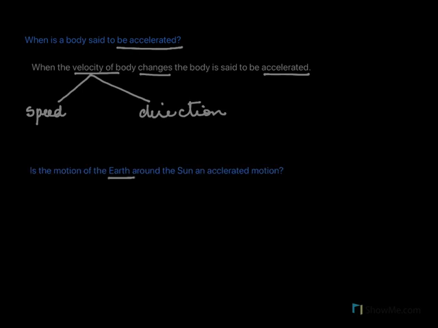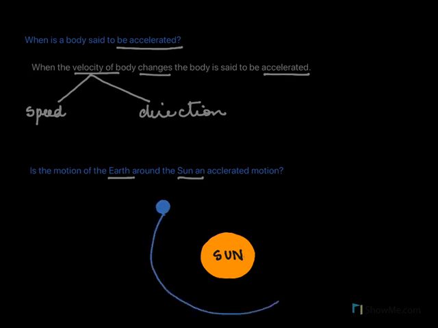Is the motion of the Earth around the Sun an accelerated motion? So here is the Sun, and we have our blue planet, the Earth, moving around the Sun in a circular orbit. And we already know now, in circular orbit, the direction changes at every point.